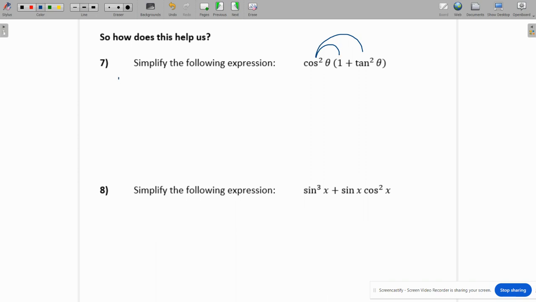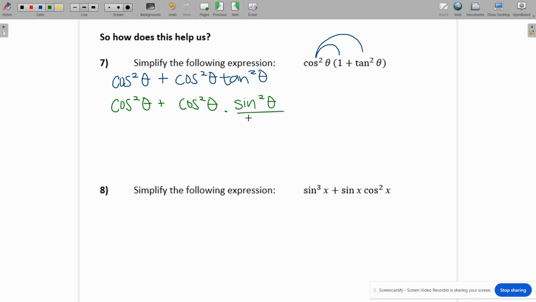Cosine squared times 1 is cosine squared, plus cosine squared times tangent squared is cosine squared tangent squared. So I'm looking to simplify this. Well, if we rewrite tangent squared as sine squared over cosine squared, that might help us. So I keep cosine squared of theta plus cosine squared of theta times, again, tangent squared is sine squared over cosine squared.